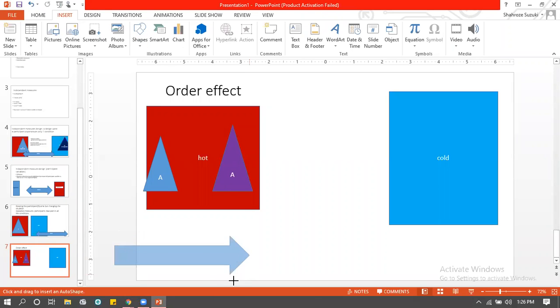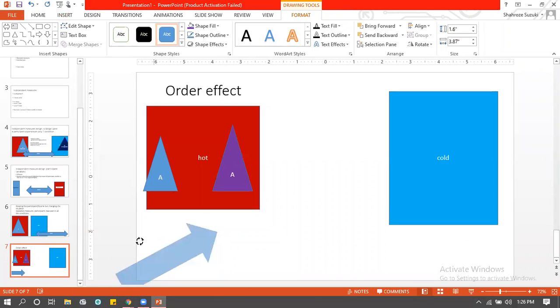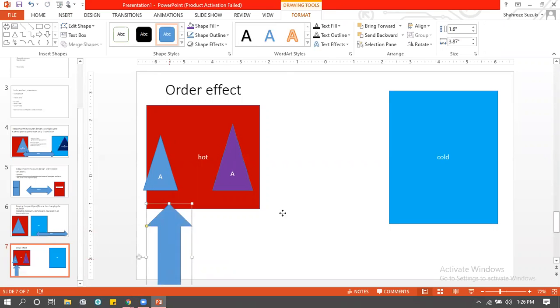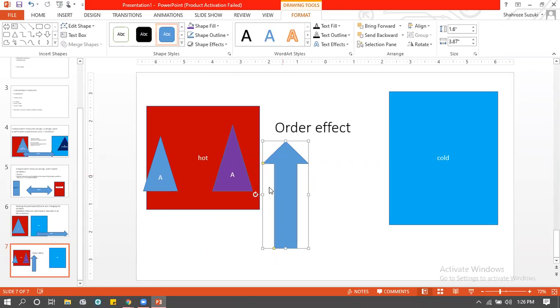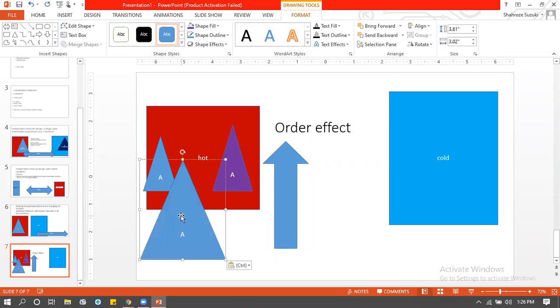There are two things that are going to happen. The order effect has two types, and these are very, very problematic.